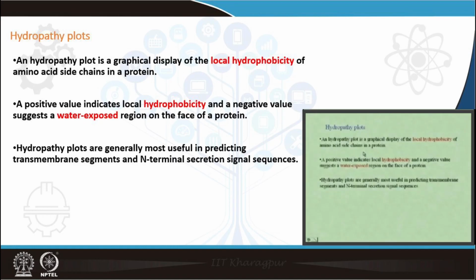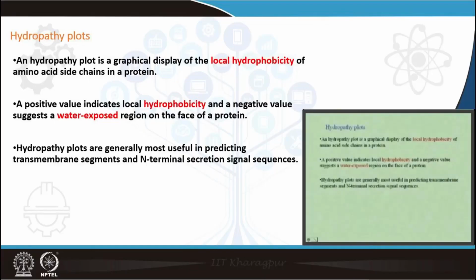And what am I going to do with the hydrophobic region? I will then predict that this hydrophobic region forms the center of the protein, because I know that the protein has a hydrophobic core with a hydrophilic surface.